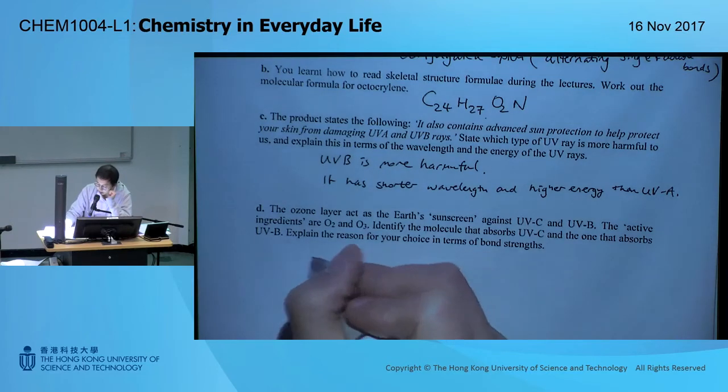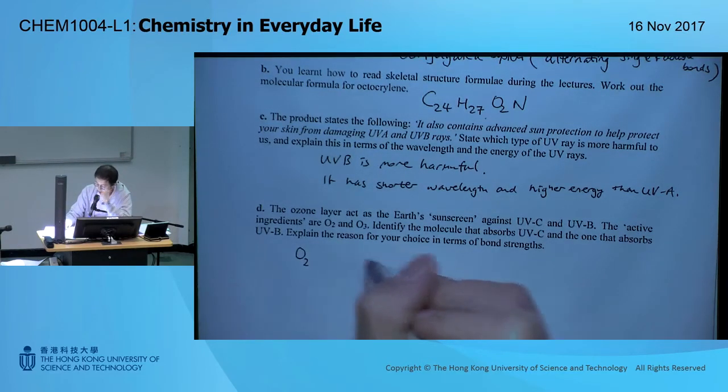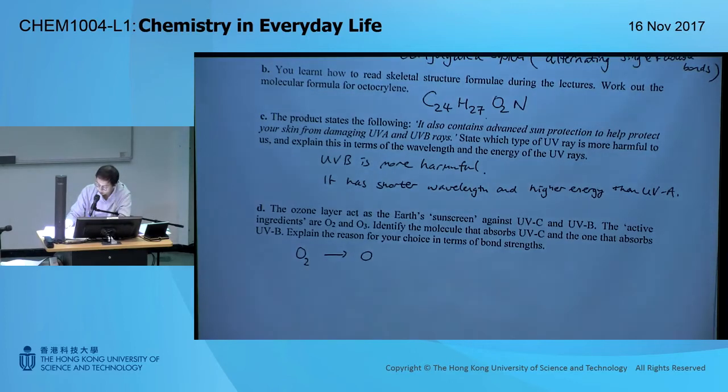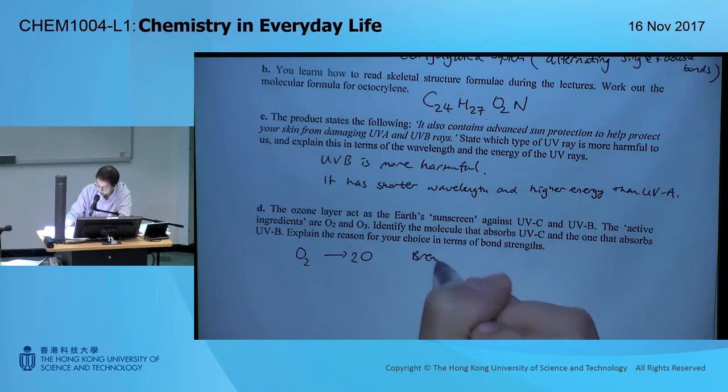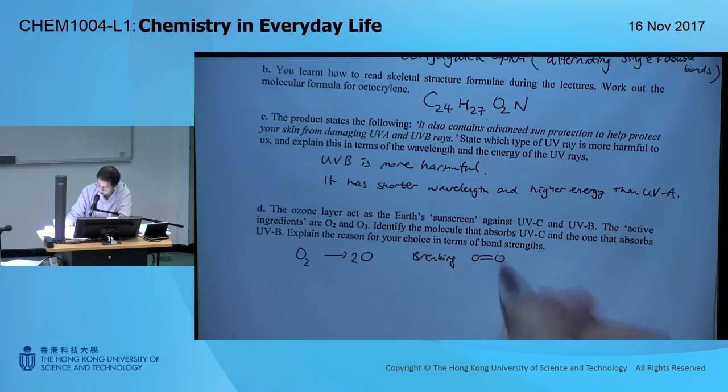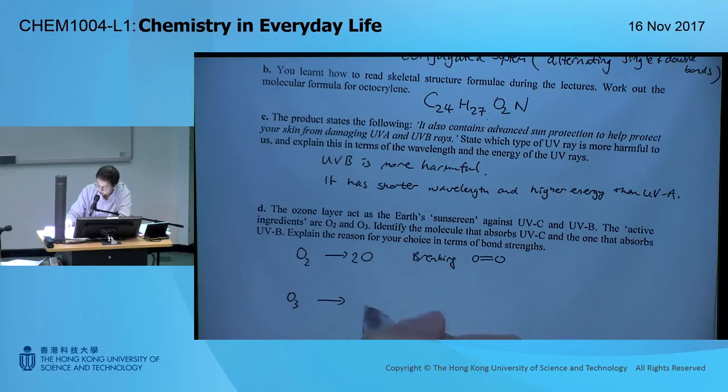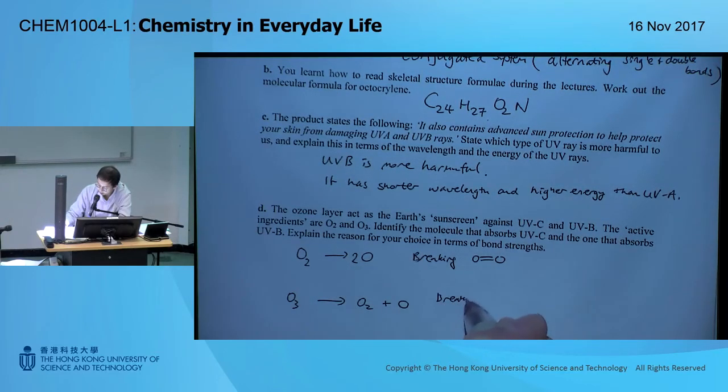So here we know that O2 breaks down to form oxygen atoms, and we are breaking the O=O double bond. Ozone also breaks down to form oxygen gas and an oxygen atom, and we break the O–O 1.5 bond.